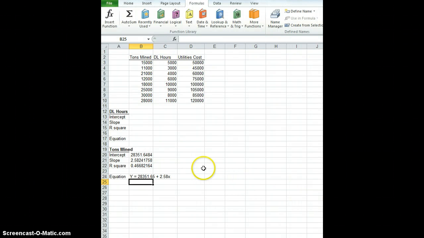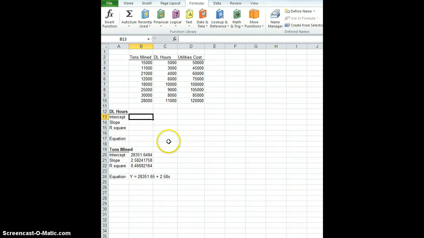That would be the cost formula for tons mined, and there's a 47% R square. If you recall from Monday evening, we want the R square to be close to 1 in order for this variable to be highly correlated with the utility cost. This is rather low, so we would hope that direct labor hours would have a higher R square.